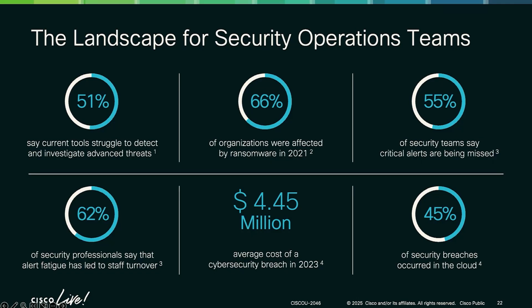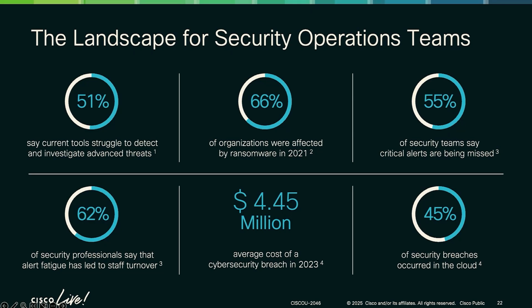There's a lot to it, but one important one: the average cost of a cybersecurity breach in 2023 was $4.5 million. Now, I know for a fact, and I don't have the statistic up here right now, that when you improve your detection time, that number can go down, but as your systems and your organization become more complex, that dollar amount goes up as well.